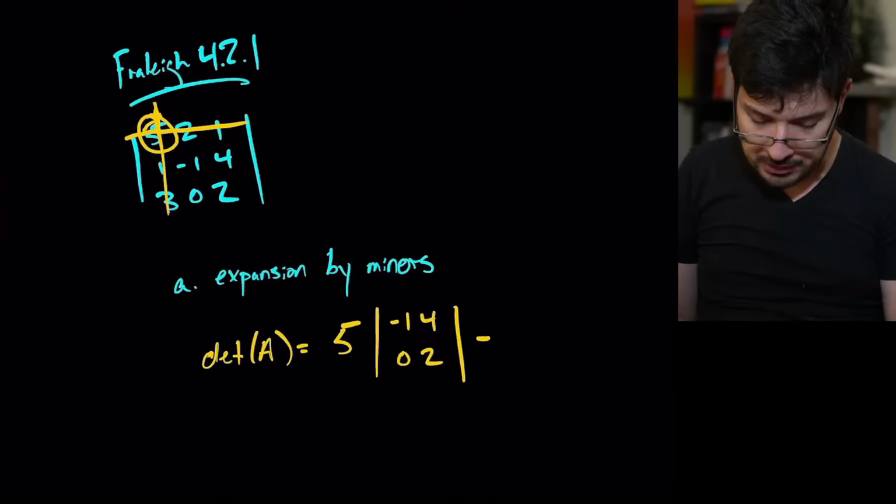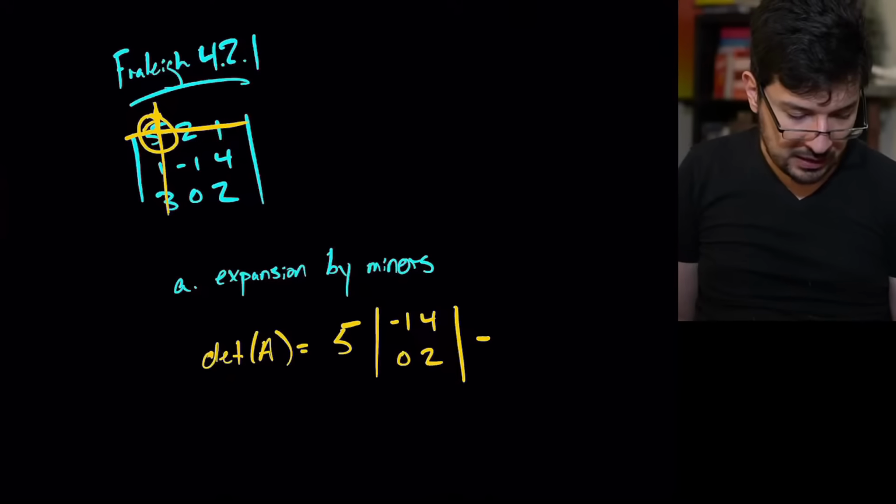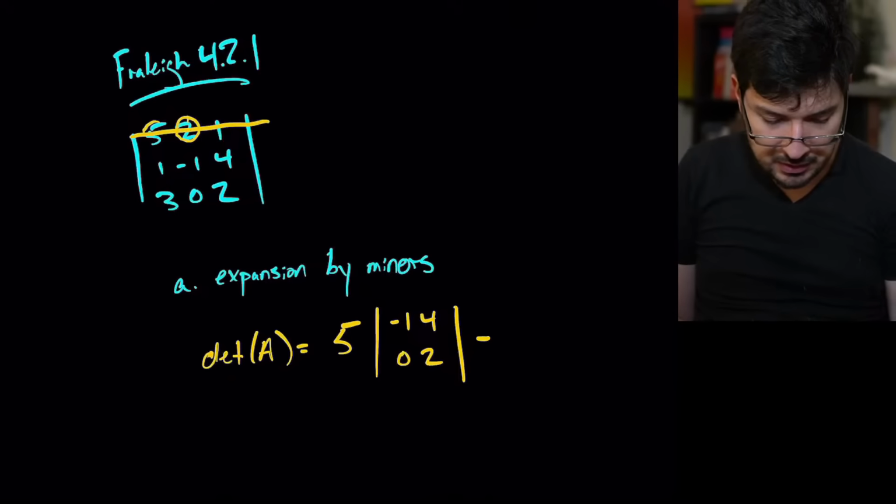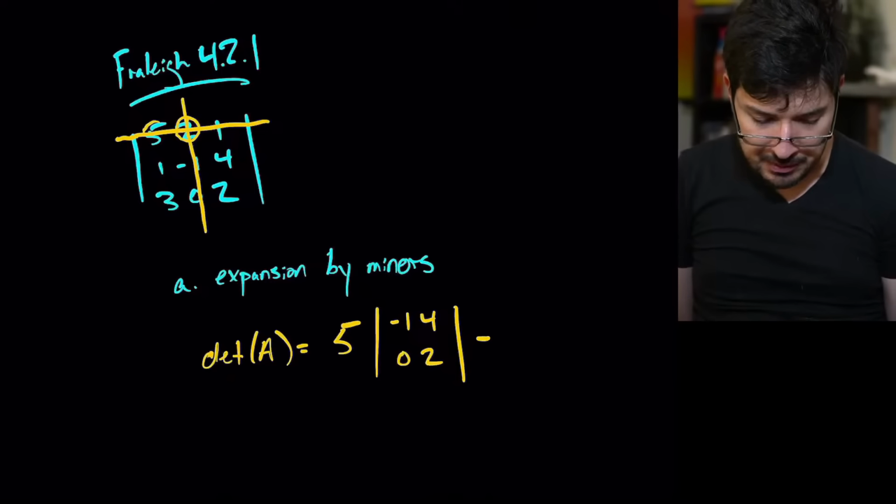And this is an alternating thing. So now we can erase. And then now we march on to this one. We still cut out that row and that column.